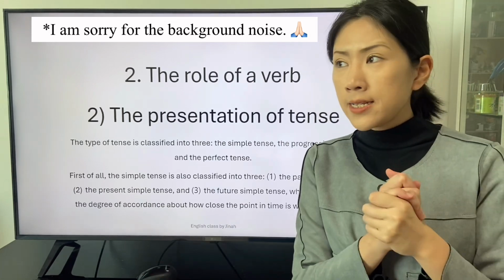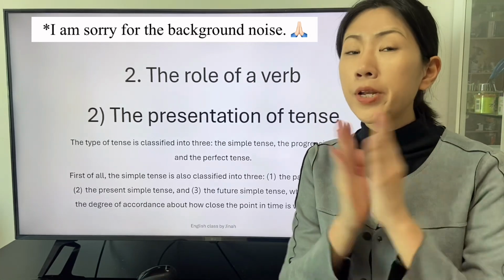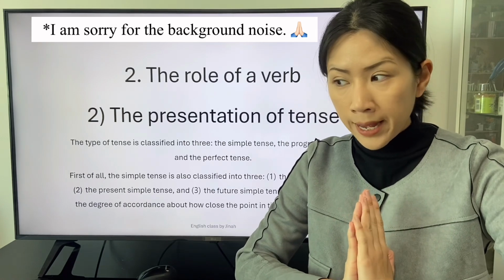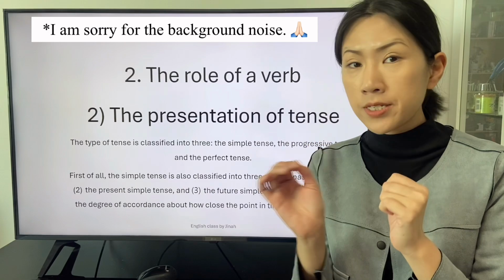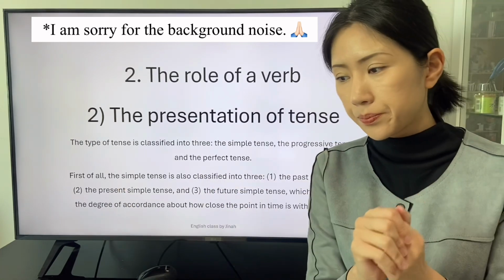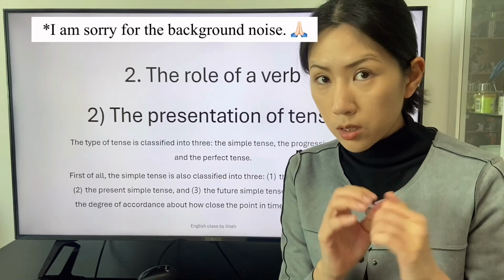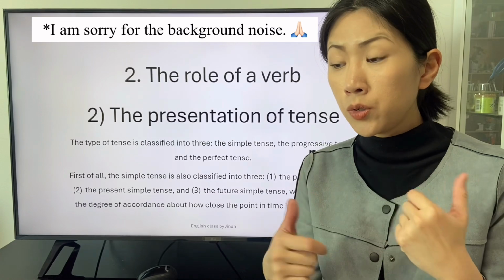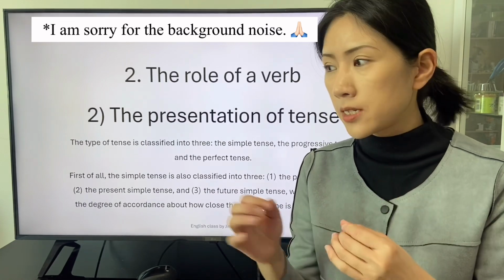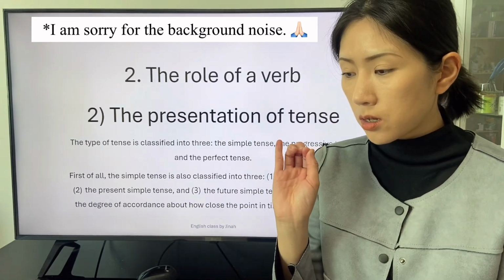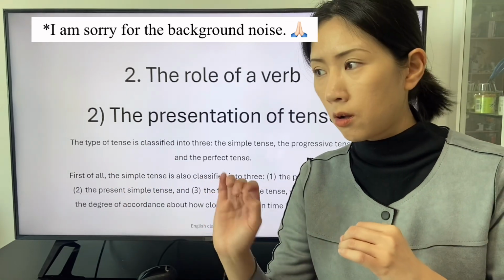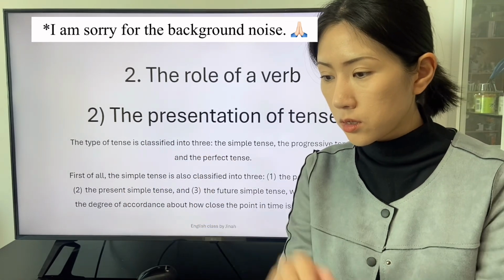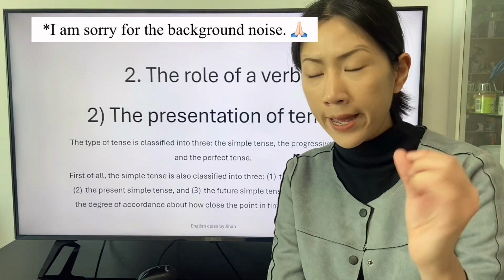The simple tense takes a point in time as an object of comparison with the present. The speaker who applies the simple tense in a clause considers the duration of the time as a point.